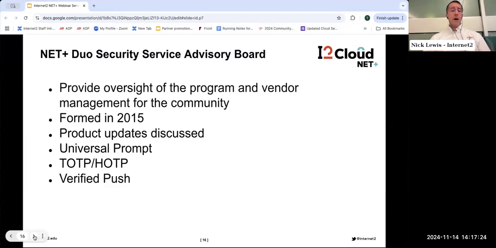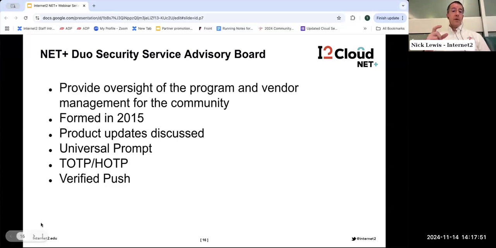One of the things that we talk about at length, to make sure that Duo continues to work and be the best solution for higher education for MFA, is product updates. Duo went through and released an update to the universal prompt, I think about 2.5 years ago now.